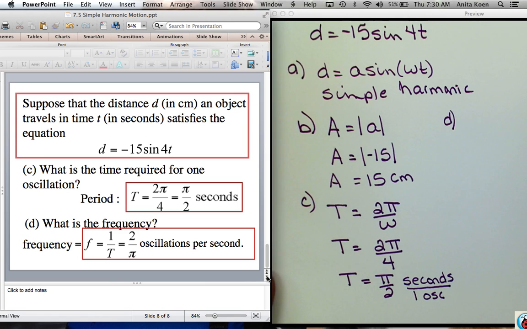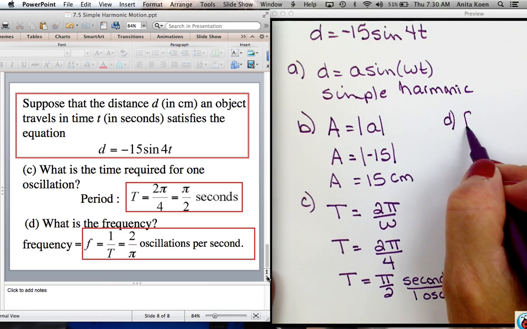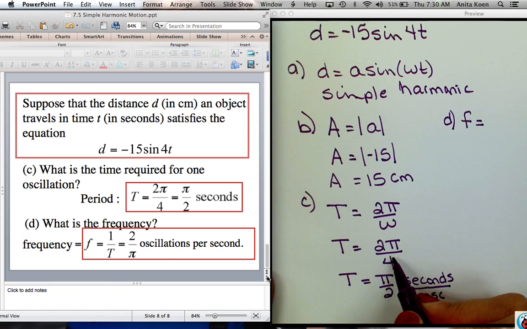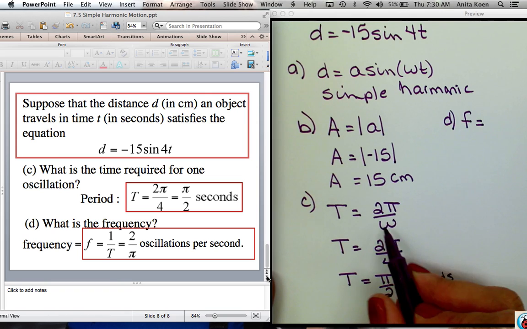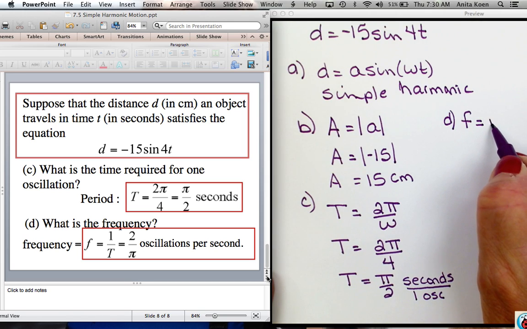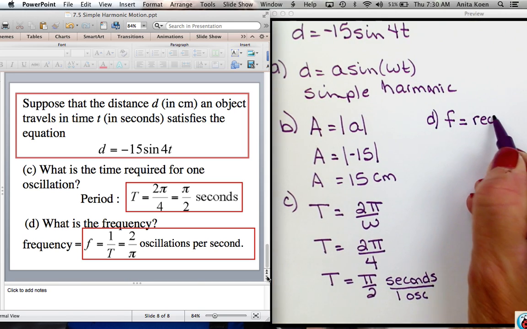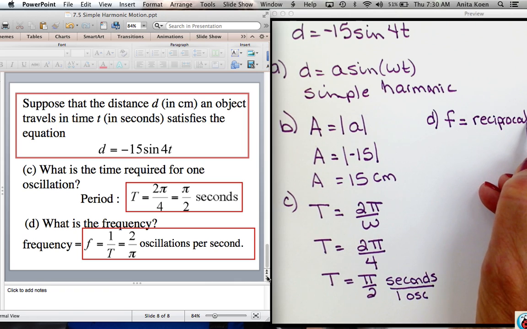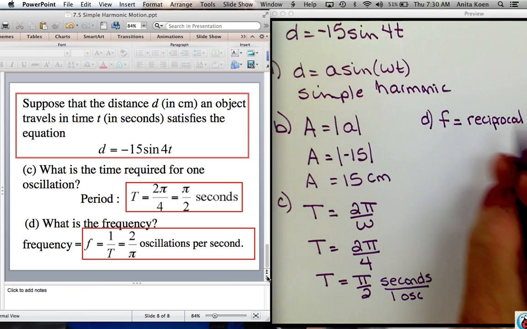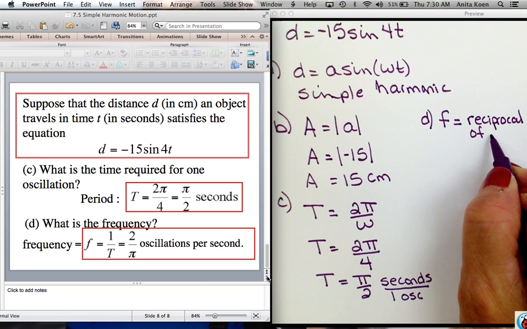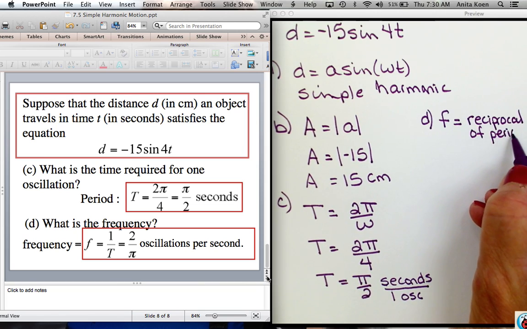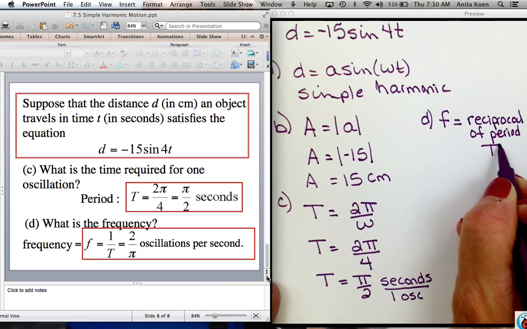Okay, letter D says, what is the frequency? Well, frequency, I know, is just the reciprocal of the period. Remember that period is just t.